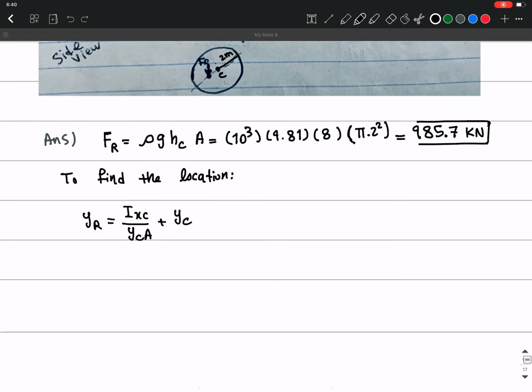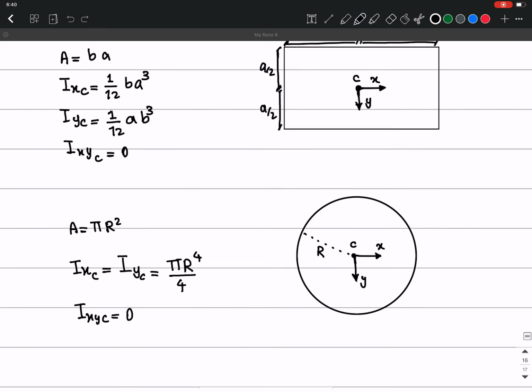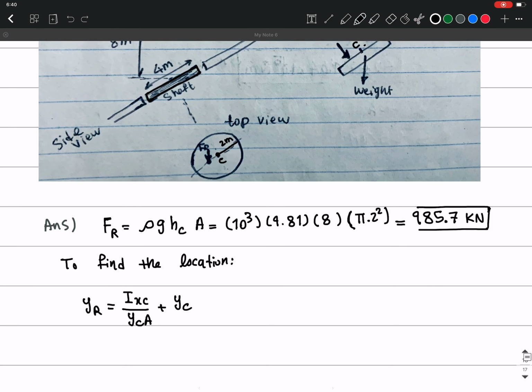Okay, and then xr is gonna be Ixy_c over yc A plus xc.